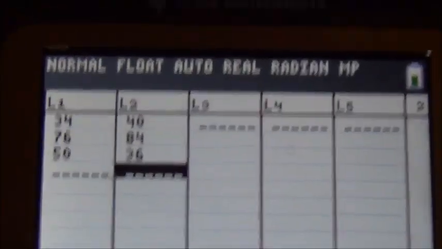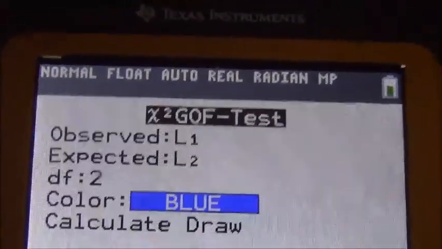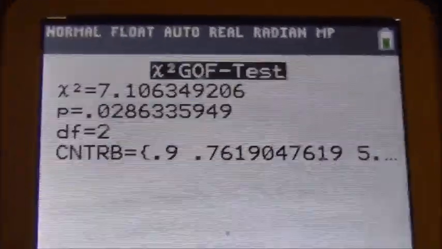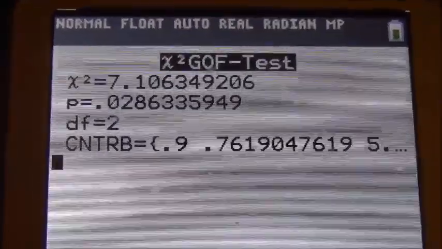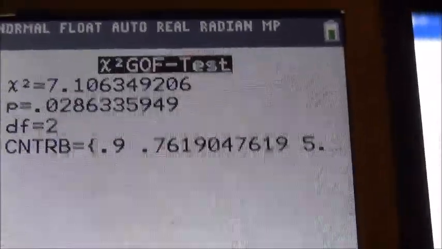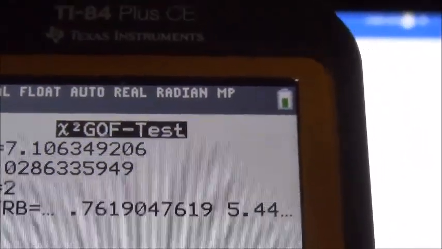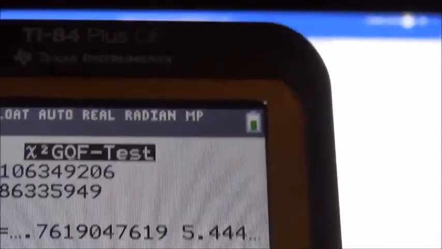So I'm going to hit stat, cursor to tests, and go to D. This time I'll scroll down to D. My goodness of fit test, when I enter, those should be all the same. List 1, list 2, 2 degrees of freedom, so I can calculate. And so my CNTRB values, the first one 0.9. The second one you can see they have in there already 0.762, rounding to 3 decimal places. And then the last one we're going to do 5.444.